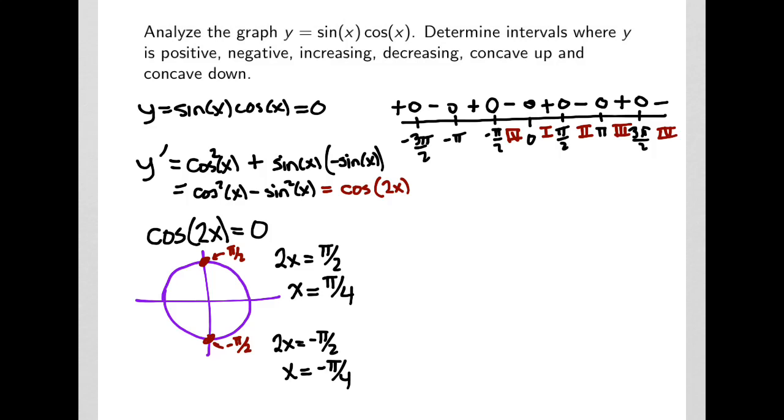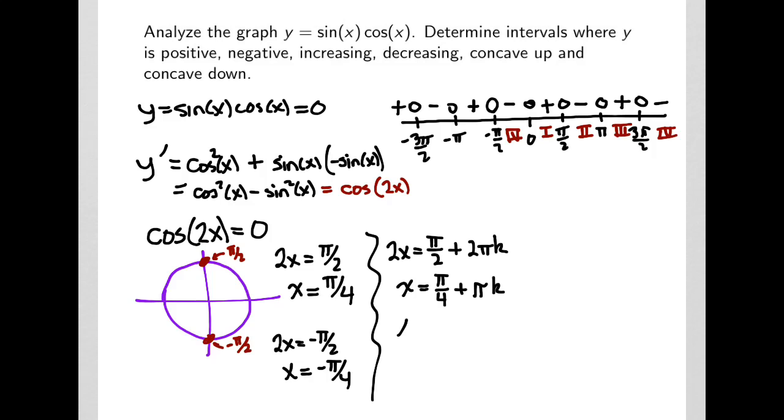Now normally I repeat every 2 pi, but I have to think about that in the language of my double angle. So my additional ones, 2x could have been pi over 2 plus multiples of 2 pi, 2 pi k. And when I divide by 2, I get x equals pi over 4, but instead of every 2 pi, it's every pi.